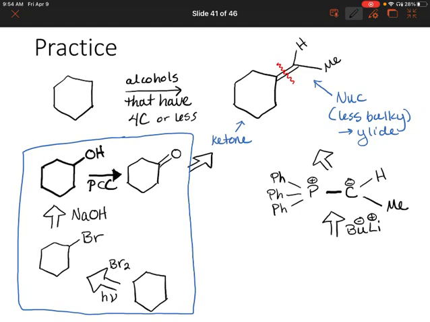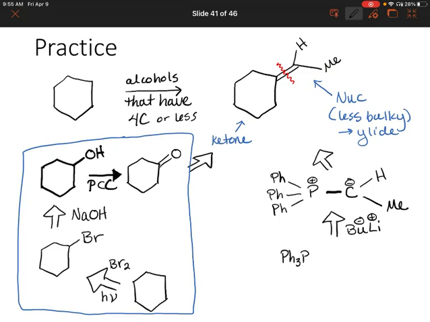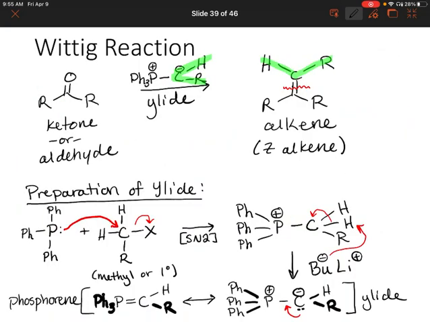Okay, so we're using butyl lithium to remove a proton. And actually, I'm just going to write PH3 here. It's a little easier. Now, if we go back to our preparation of an ylide, the first step uses a simple alkyl halide, and then that PH3 is adding into the alkyl halide.